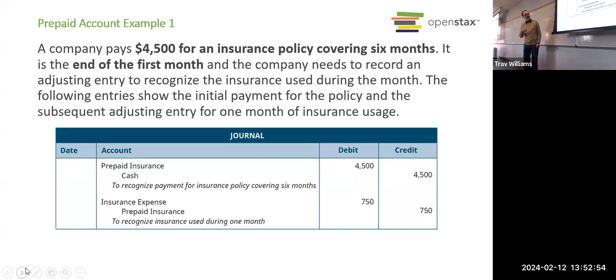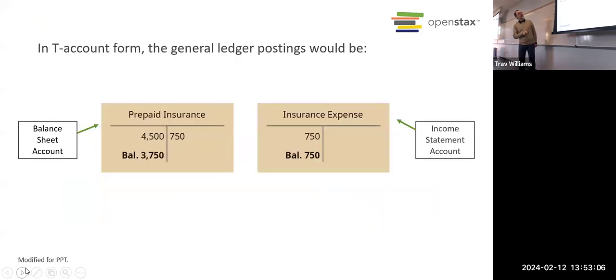So we have an insurance expense, which we debit, and our prepaid insurance gets a credit because it's an asset going down, right? Again, we would record that over to the ledger. So we started by buying $4,500 of insurance. After 1 month, we reduced that by 1 month's worth, and that brought us to our new balance, right?